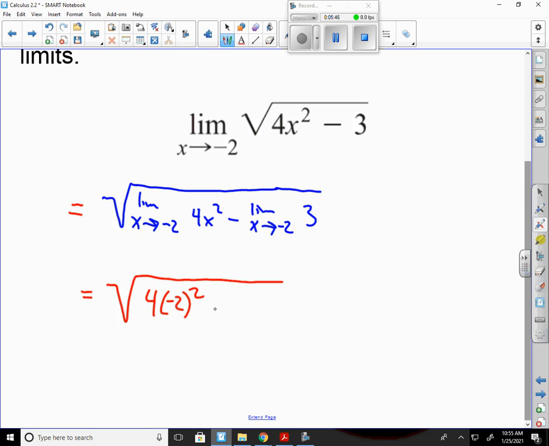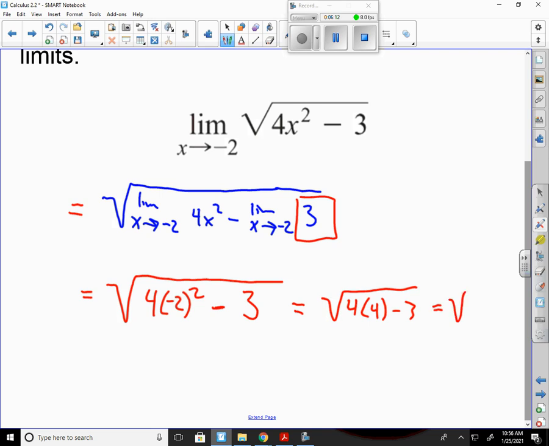For the second piece of this, is there an x in this portion? No. So it stays as 3, because I don't need to plug my -2 in for anything. And I would just solve. -2 squared is 4. So this is 4 times 4 minus 3.